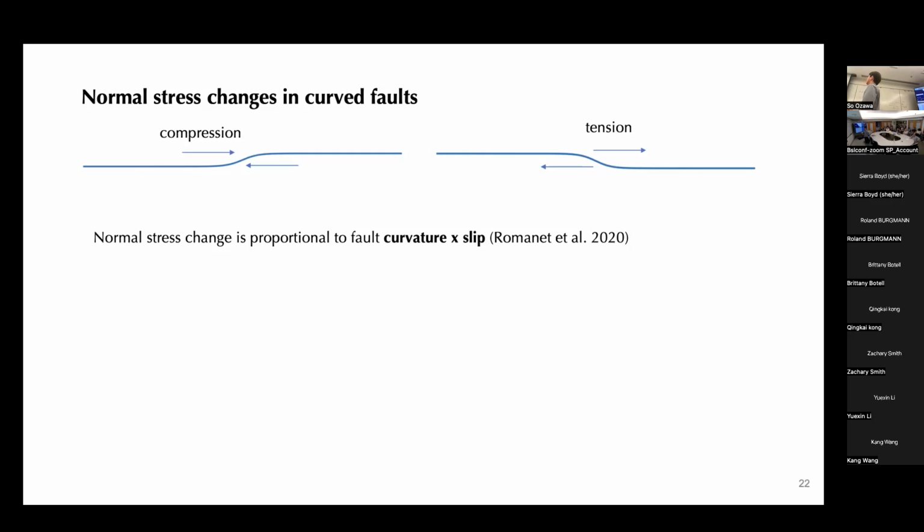On the other hand, in a releasing bend, the place tends to become tensile after many earthquakes, because this part is rightward and this is leftward. From theoretical analysis based on linear elasticity, Romanet shows that the change of normal stress is proportional to fault curvature and slip.